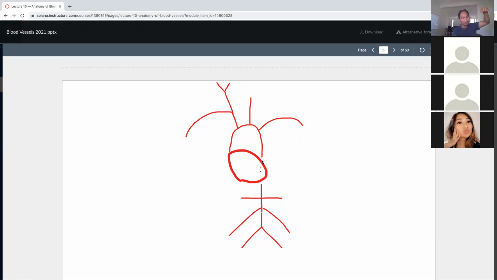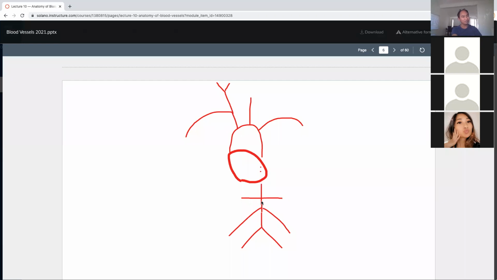And it will continue in the thorax because the heart is in the thoracic cavity. Therefore, we will call it thoracic aorta. And it has to perforate through the diaphragm and come into the tummy. So once it is in the tummy, it is called abdominal aorta.